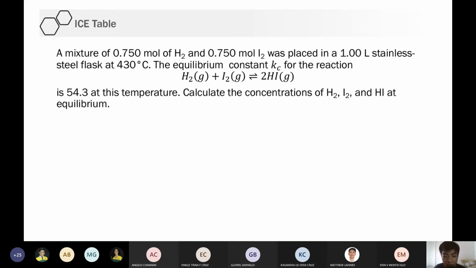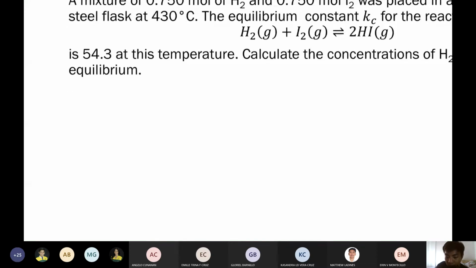Kapag ganun yung format ng question, we have to use ice table. Okay? So, gawa kayo agad ng ice table. You write the reaction uli. Ay, ba't kulay green? Kulay black naman. Blue. Ayan. Okay. So, lagay mo yung reaction uli.